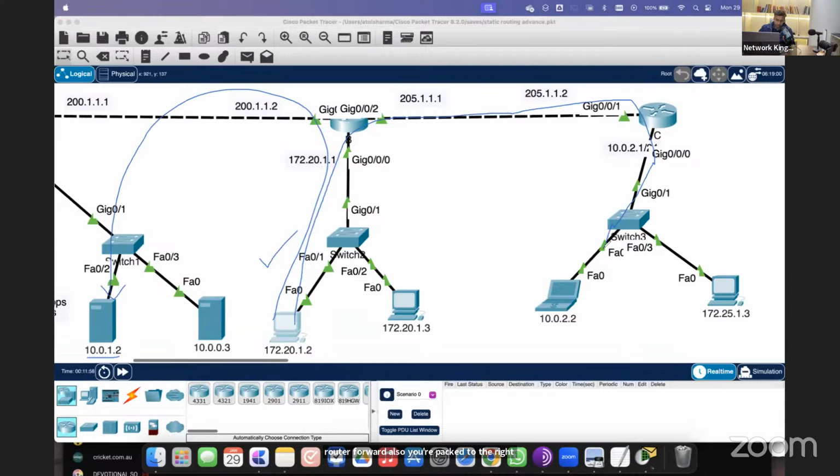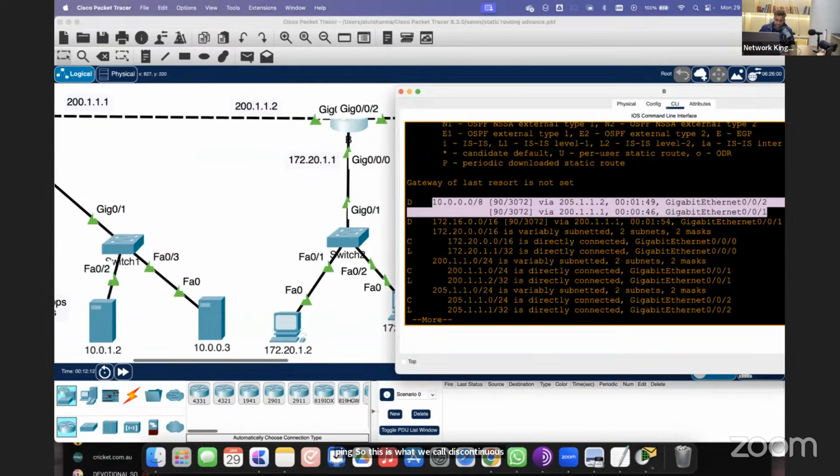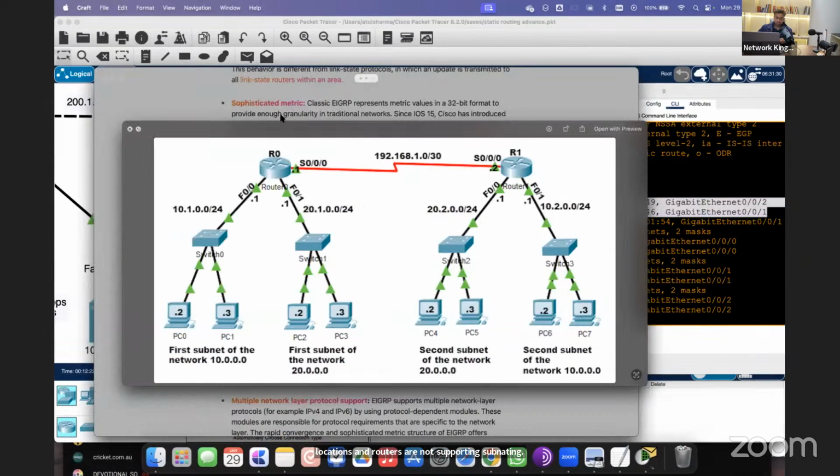But there is no 10.0.0.12 there, that's why you do not get a reply from this side. Third packet, you go this side, you again get a ping. Fourth packet, you forward this side, you do not get a ping. This is what we call a discontiguous network: when the same network is divided across multiple locations and routers are not supporting subnetting, this can cause the problem of a discontiguous network.